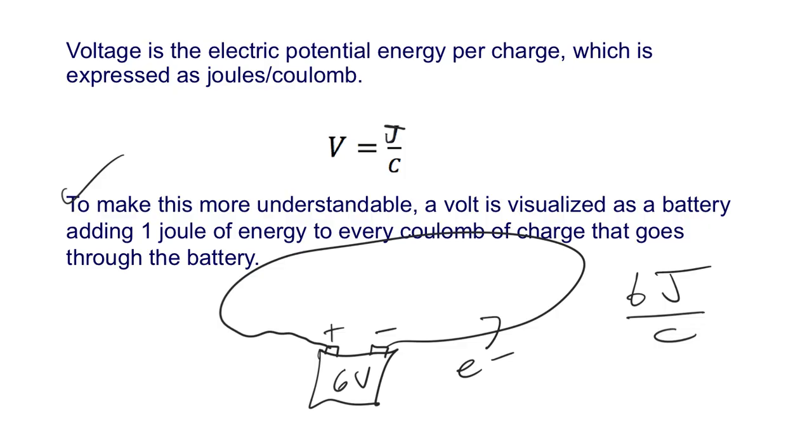So 6 volts is the work that the battery does in pushing the electrons from one terminal, one place in the electric field, to the other terminal. And that will make the whole idea of what potential difference is a little less abstract.